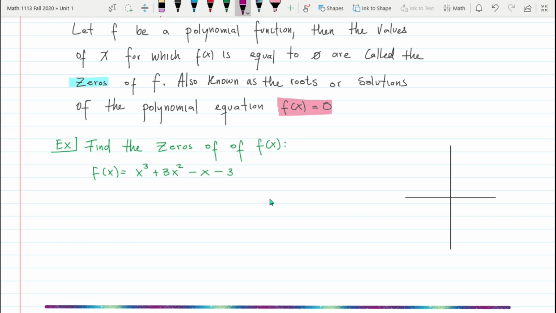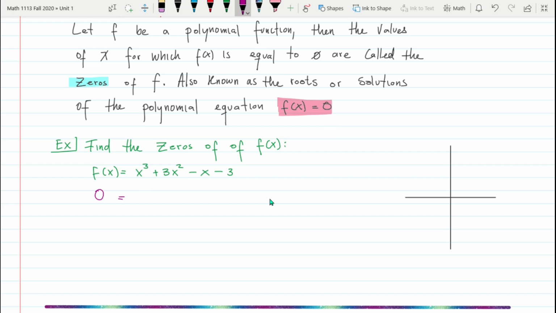There are many tricks, right? But this polynomial is pretty easy. So what we want to do is rewrite it and start factoring things out. So set it equal to 0 because that's what we're doing, right? That's what it says up there. Just set the function equal to 0.